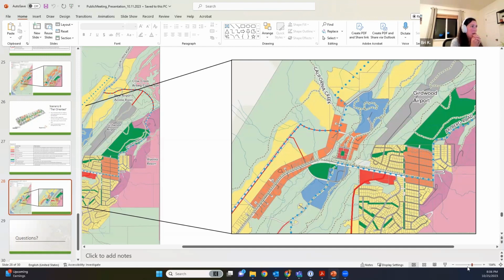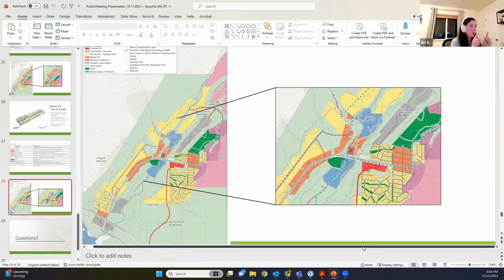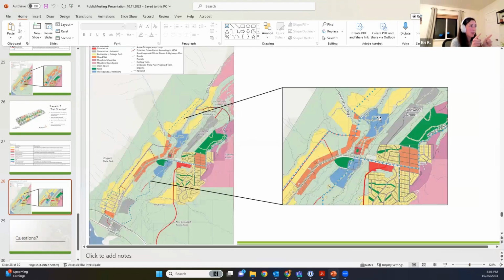And then similar on this one are the two blue categories, north and south of Town Square. The difference in this one is that we extended the blue further south as PLI land, public lands and institutions, whereas on the other one, it was mixed use, I believe.